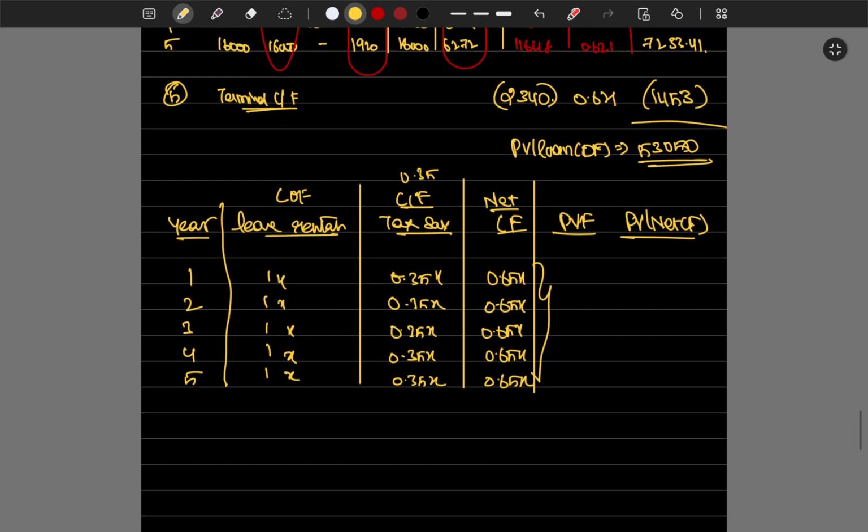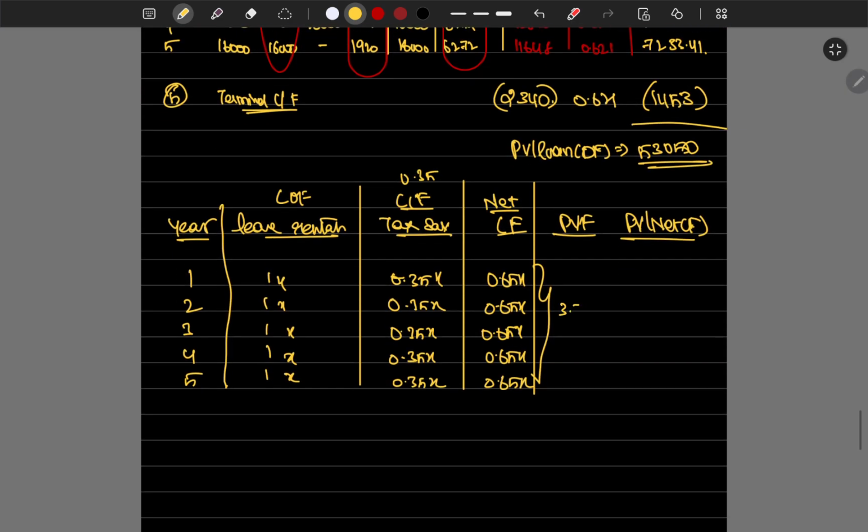You will get a PV factor of 3.79. So 0.65 into 3.79 is 2.4635x. 2.4635x is the PV of lease cash outflow.